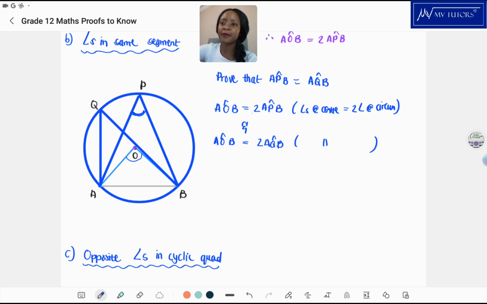So if both APB and AQB are equal to AOB, we can then say that 2APB is equal to 2AQB. Then if we divide by 2 on both sides, we have proven that APB is equal to AQB. So that wasn't so bad, and it didn't take that long.